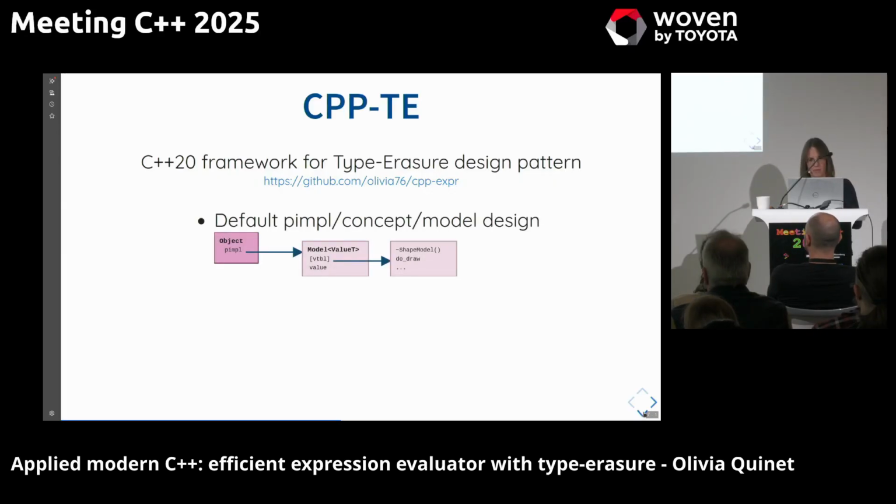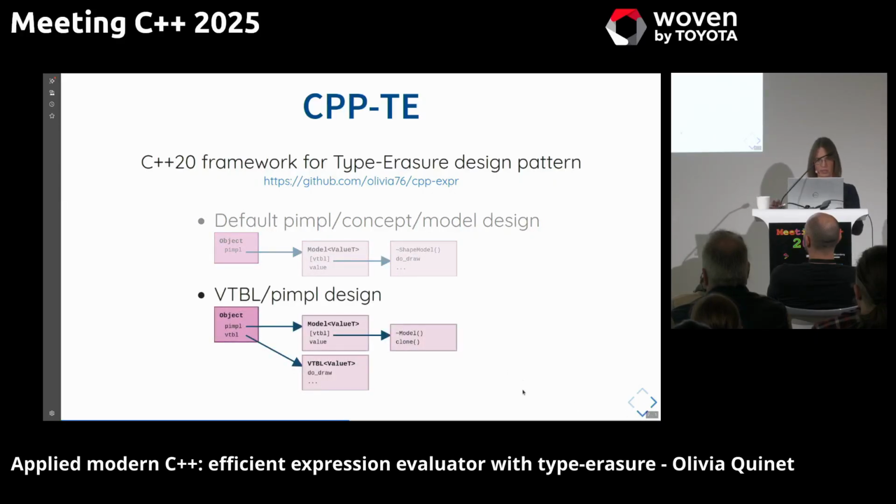That framework has two flavors, the usual one, and another one where in the public object, in the value, you still have the pimpl to the erased value, but that is just for memory management, so deleting or cloning.